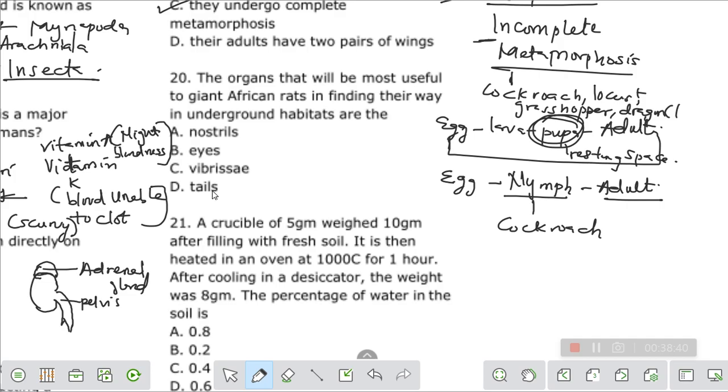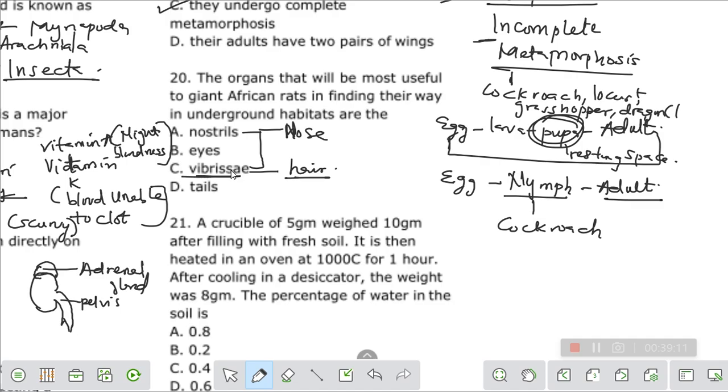Nostril is actually different from vibrissae. Nostril is just like the nose, right? But the vibrissae are like the whiskers of the rat. The function of the vibrissae is that it is a sensory organ, right? So it helps you to detect the environment, to know what is on the road, and you know that the question says underground habitat.